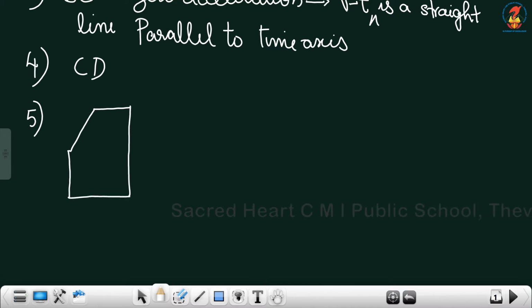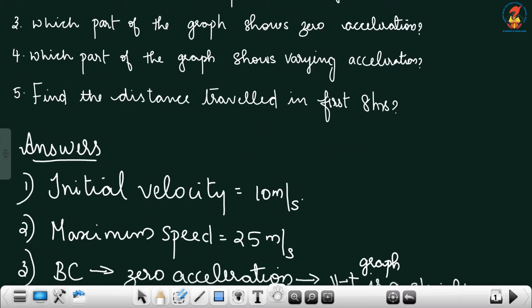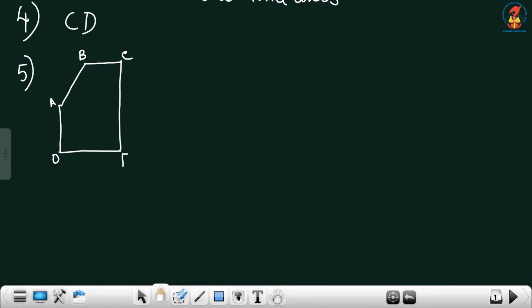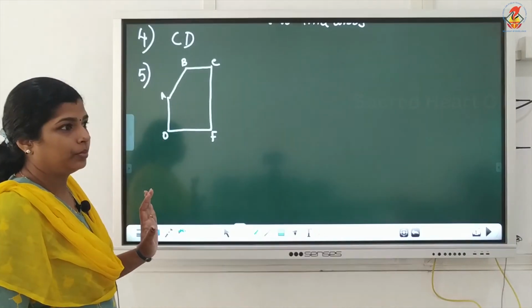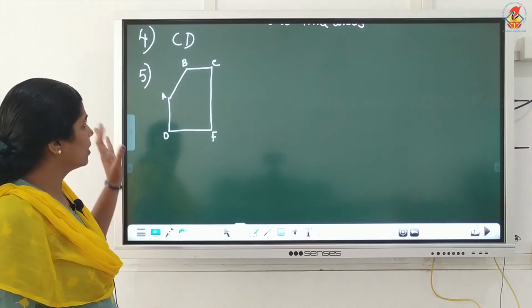This is the shape of the graph. That is, this one is A, O, B, C and E, I think. F. What is the name given here? So, this one is F. Now, this shape is the area under velocity time graph.